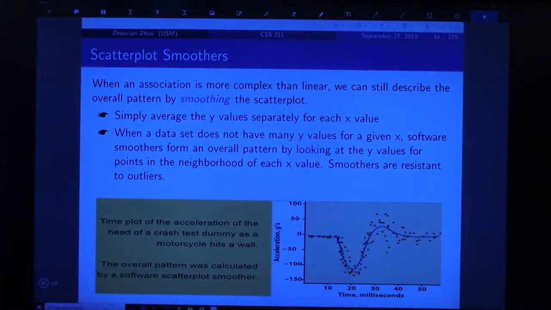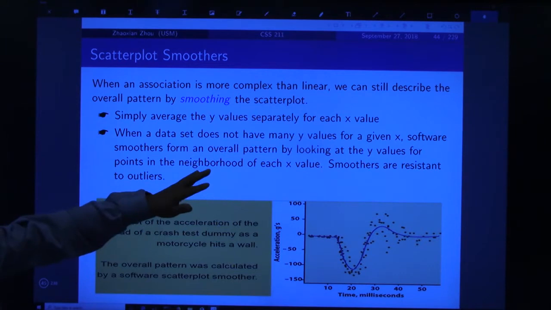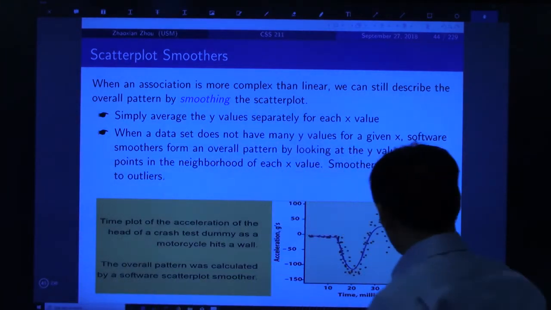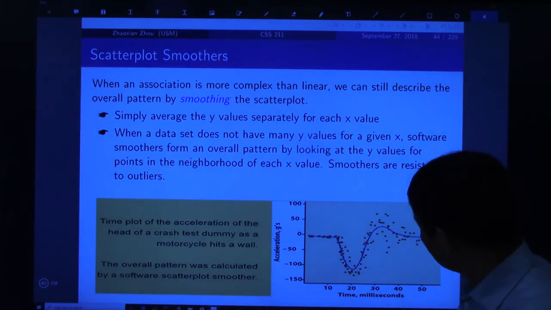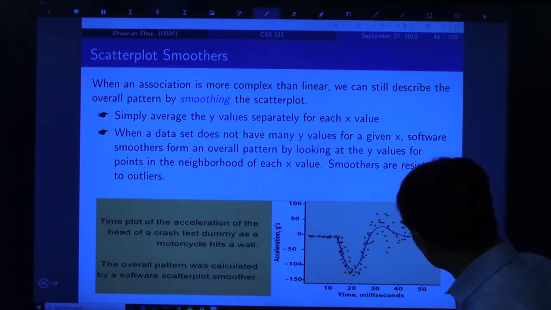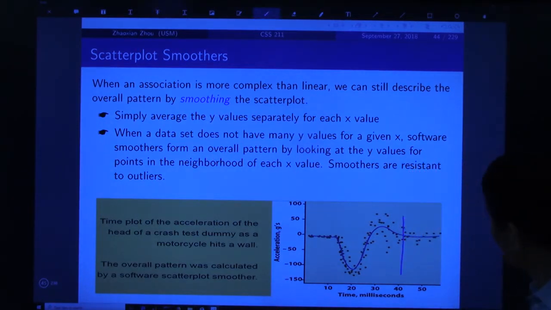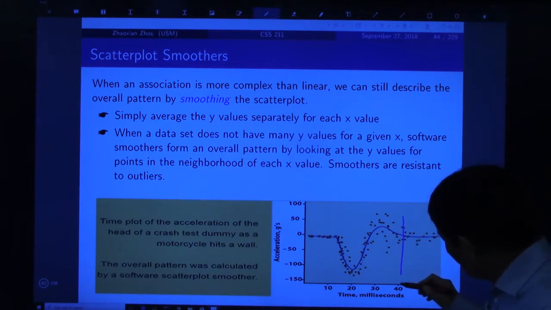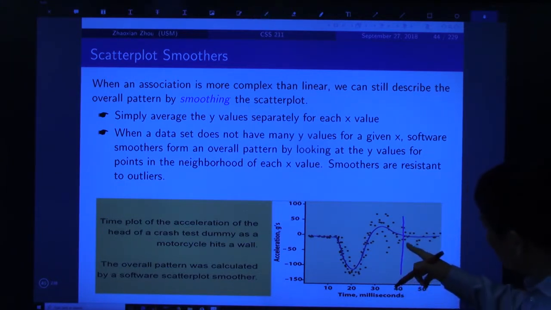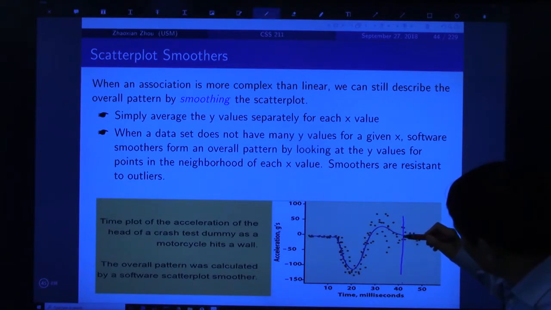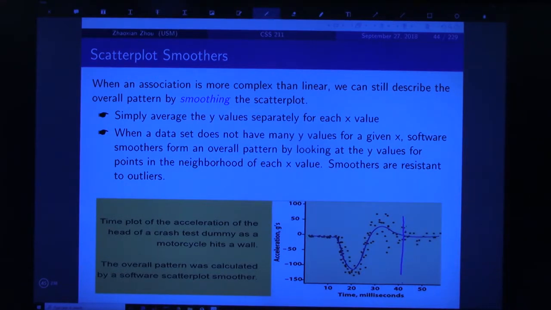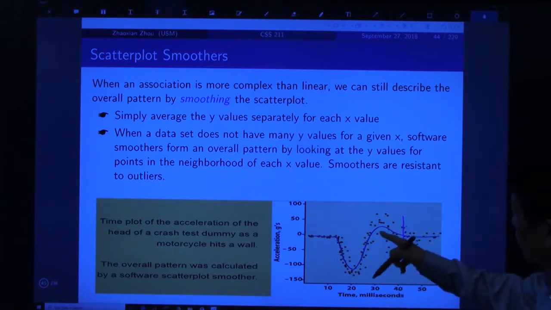One way is, if the data set is not that large, we can simply average the y values separately for each x value. We take the example here. For this x value, maybe 41 or something, we have several y values, maybe here, maybe here, maybe here. So where to put the fitted curve?